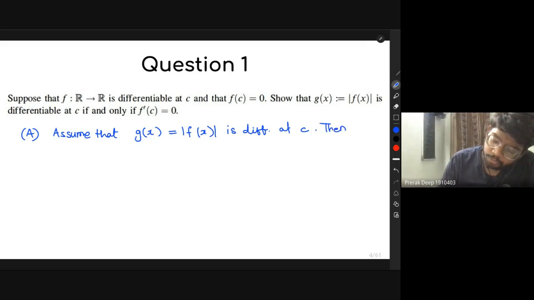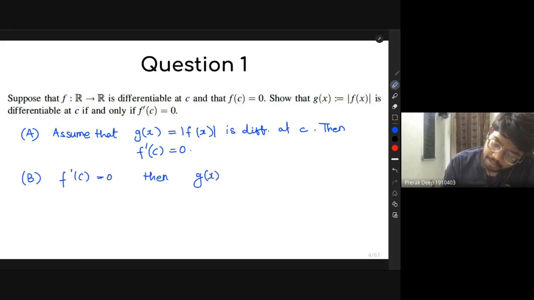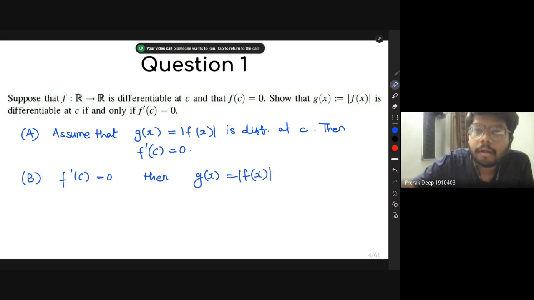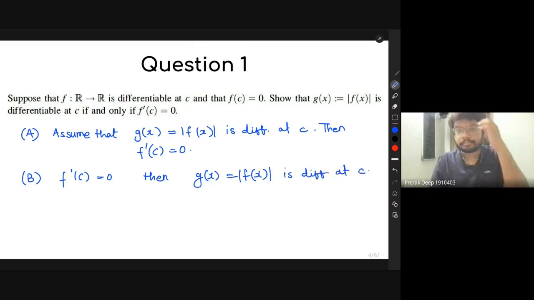Then you need to prove that f prime of c is equal to 0. And the second statement, B, that you assume f prime of c is equal to 0, then g of x, which is modulus of f x, is differentiable at c. Okay, so this is the question.